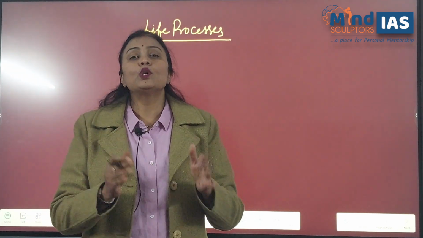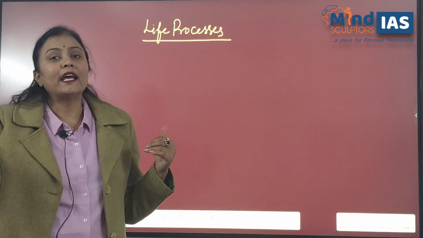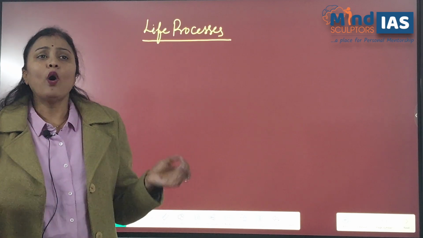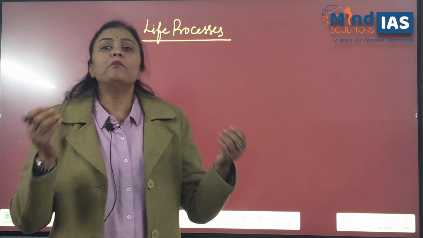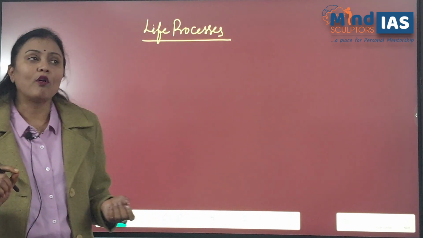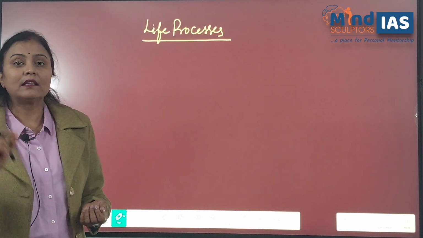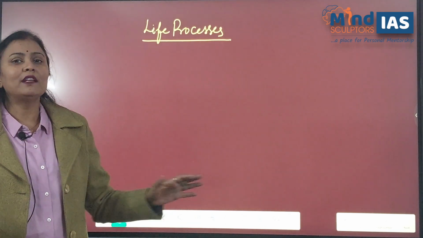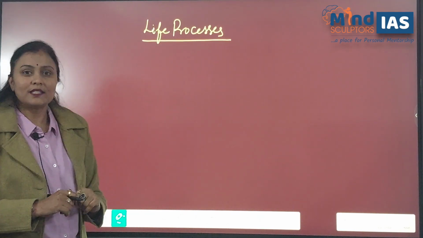But these things, once made, cannot last for your entire life. So all living systems need to maintain their body, or maintain the cell, tissue or organ system of the body. For that maintenance, the things which all living things are doing are called life processes.